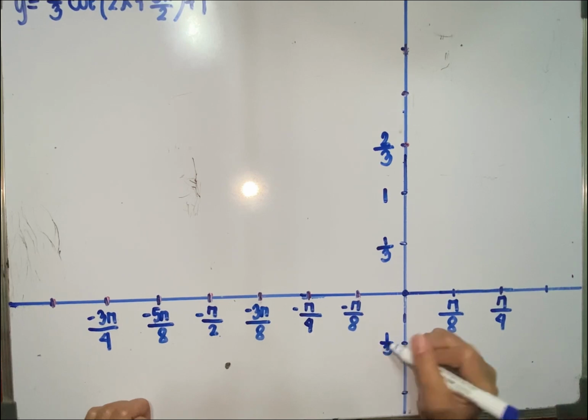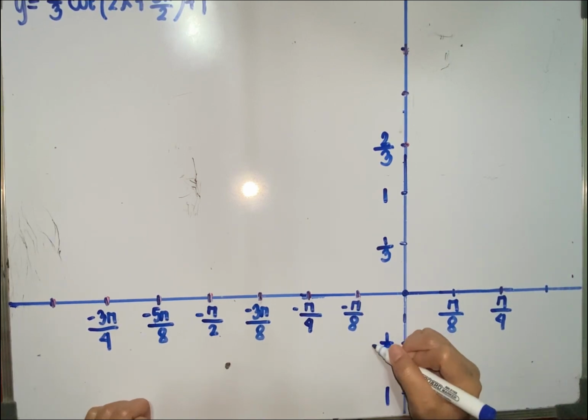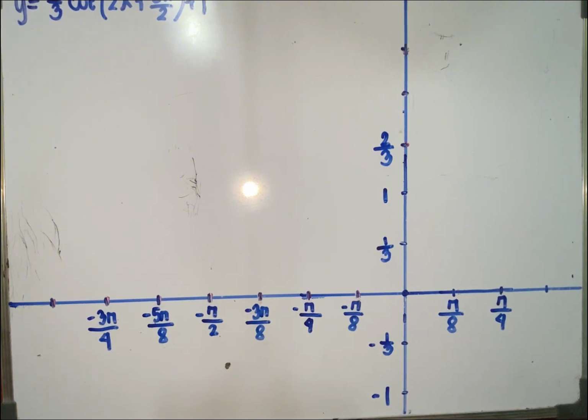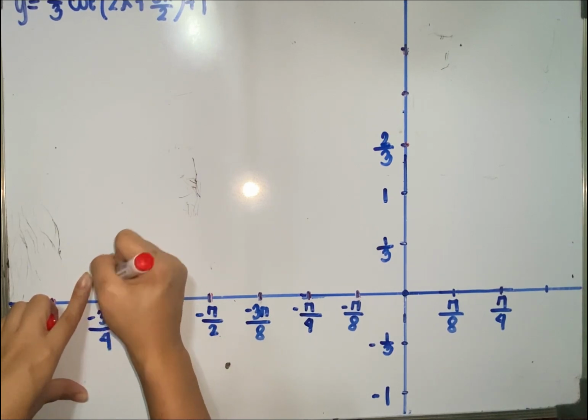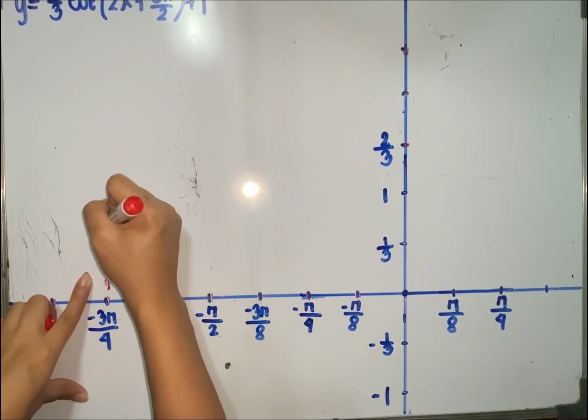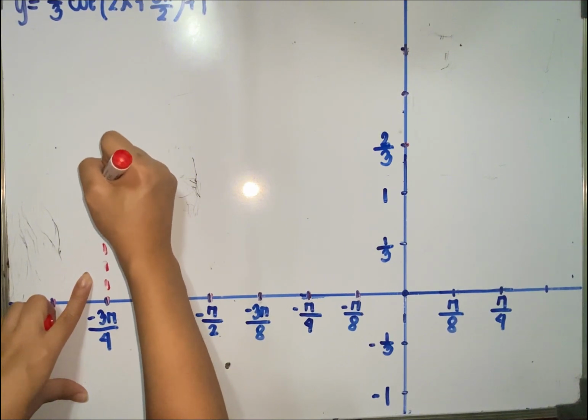We have to put all our table of values here. So the first step is we have to mark all the asymptotes. So we already know our asymptotes should be located at negative 3 pi over 4, negative pi over 4, and pi over 4.